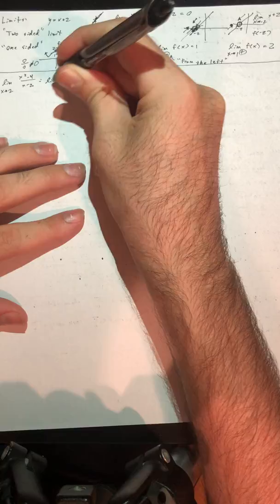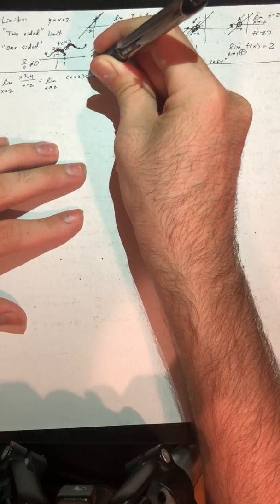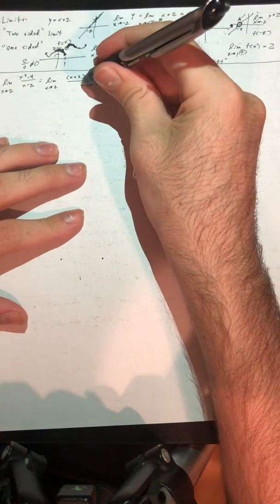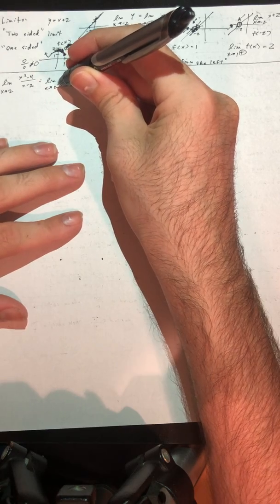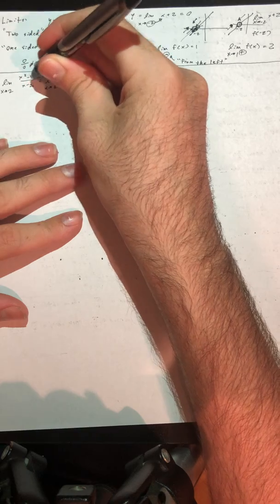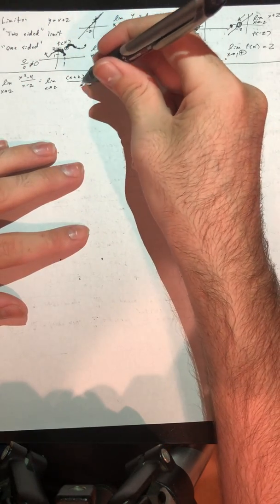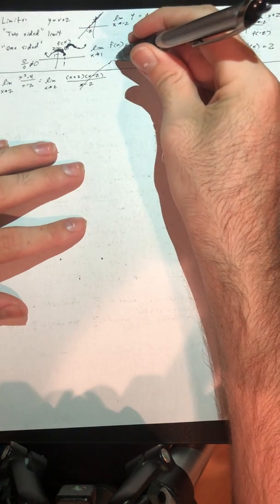This is equal to the limit as x approaches 2 of x plus 2 times x minus 2, over x minus 2. And now notice, since we don't actually care what f of 2 is, if f of x is defined as x squared minus 4 over x minus 2, we only care what it approaches. So we can just cancel this. Gone. Doesn't matter.